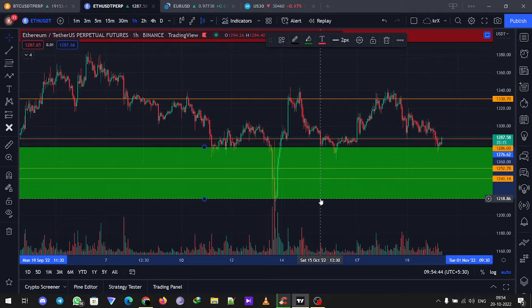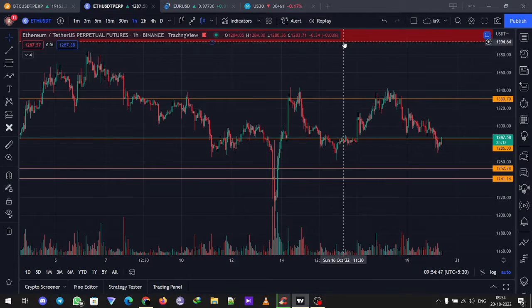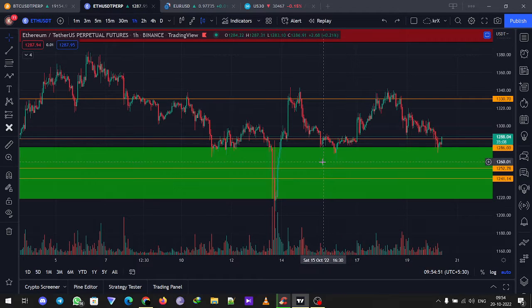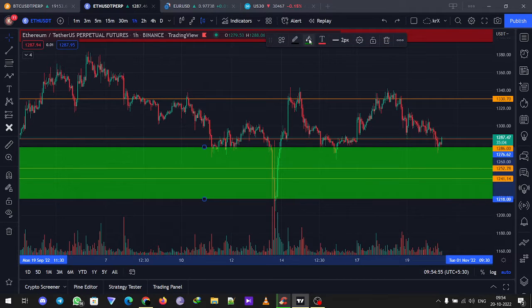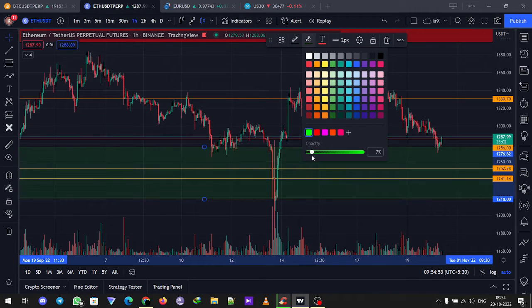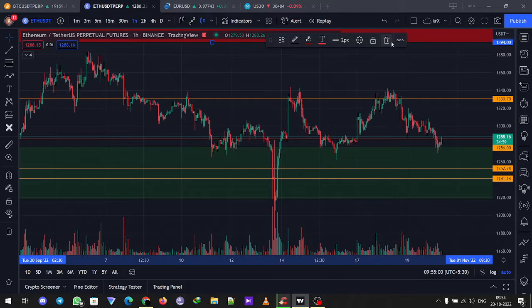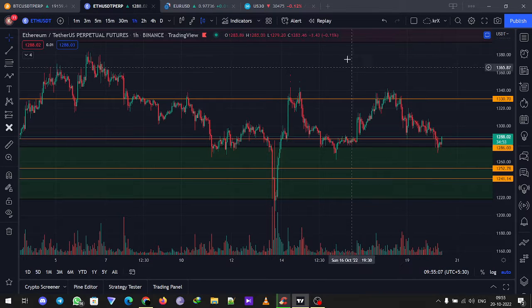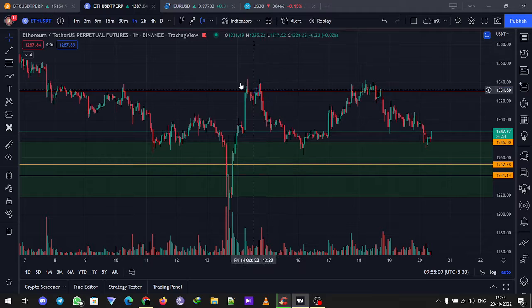So let me delete these previous ranges, or just lighten them. So this is our new high, and this is our new low of the liquidity hunt.